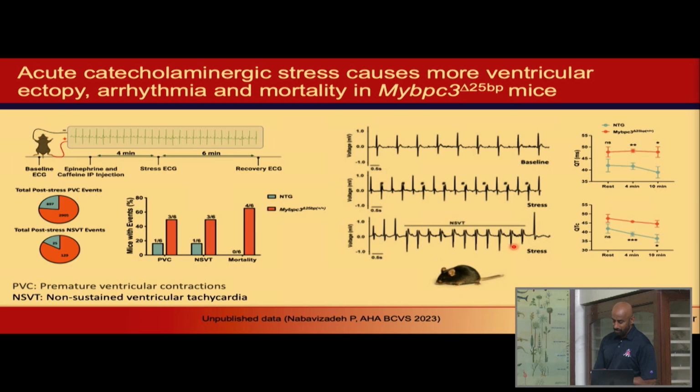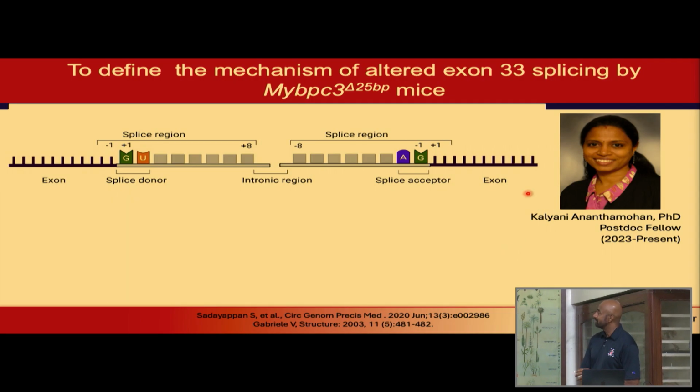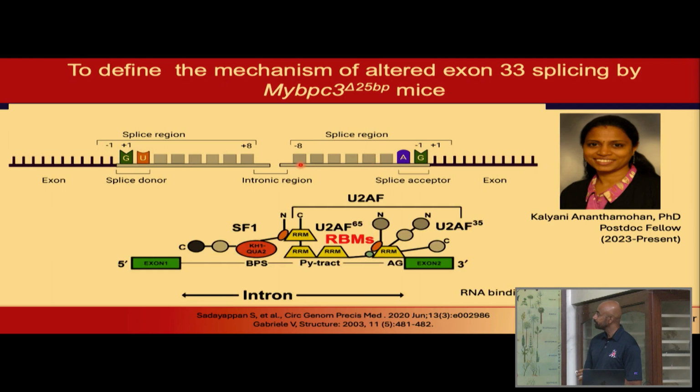These mice are now being characterized by another postdoc. We look at what exactly happens at the splice donor and acceptor site, and how the deletion is causing the mutant protein. In normal splicing, we have the splice donor and then the splice acceptor site, and this is the region where we have the mutation.